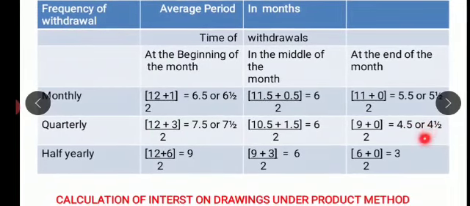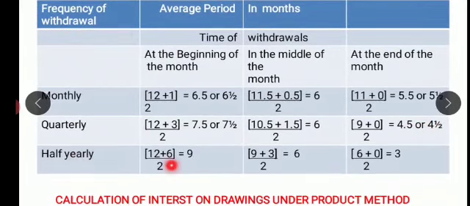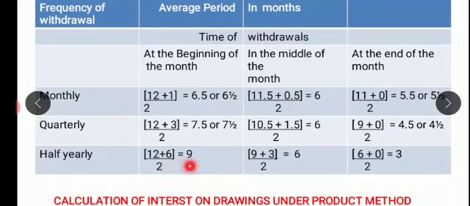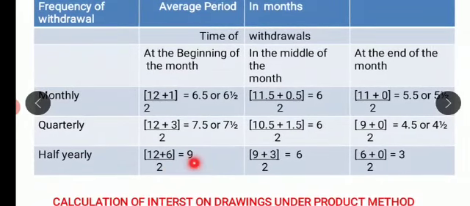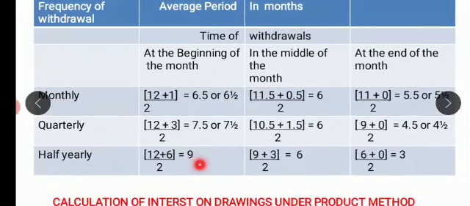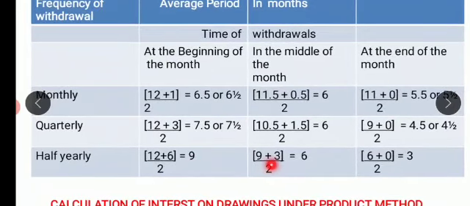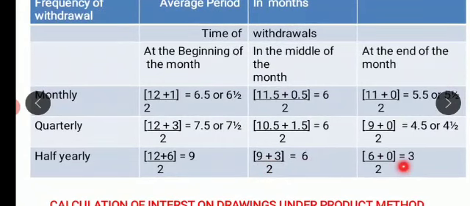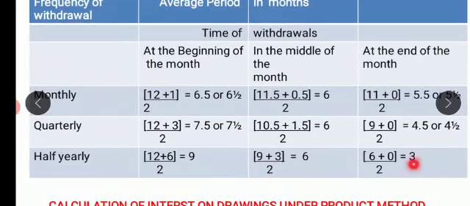If it is half yearly, 12 plus 6 divided by 2, so your average period in the beginning will be 9 months. In the middle, 9 plus 3 divided by 2, it will be again 6 months. Whereas at the end, if I take 6 plus 0 divided by 2, it will be 3 months.